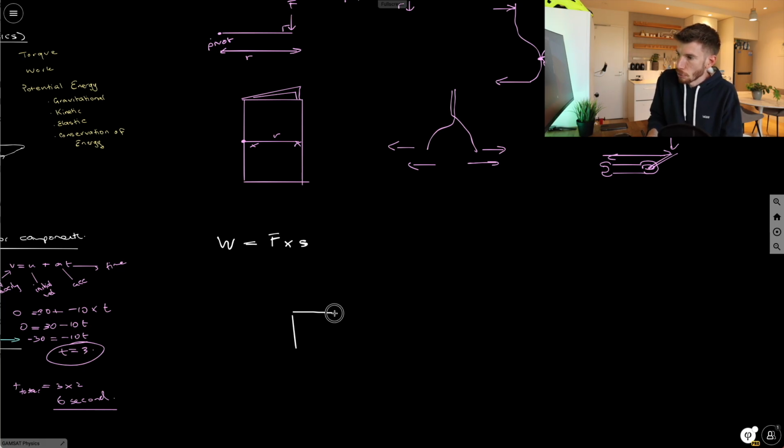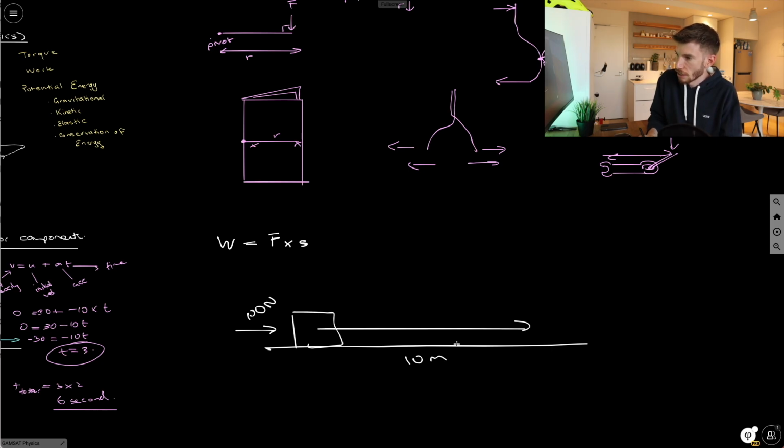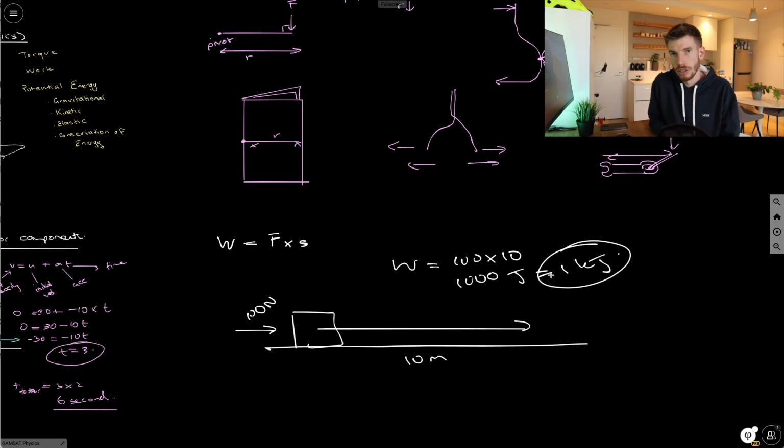So if, for example, you're pushing a box, a nice simple example, with a force of 100 newtons, and you push it along a distance of 10 meters, then the work done is 100 times 10, and therefore 1,000. It is a measure of energy, so that would be measured in standard units, joules, but you could convert that to kilojoules as well. So anything where there's some movement, then work may have been done. If there's force and distance, you've got work.